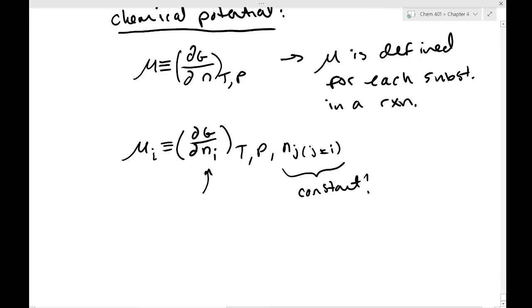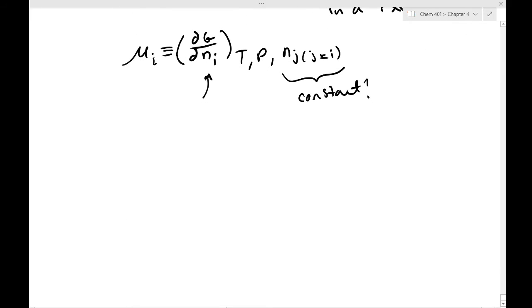And you can imagine what this is going to do to the infinitesimal change in G. We can no longer just write that in terms of the change in T and the change in P. We now have to include the change in n.